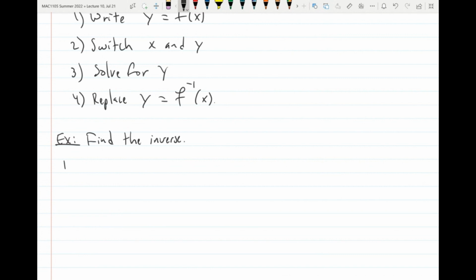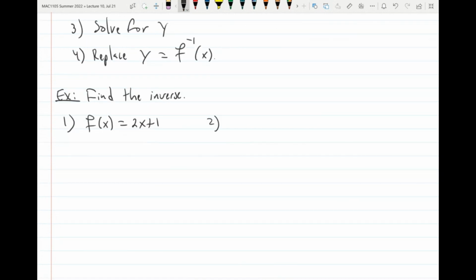Again, just like above. Let's do the one that we already know, just so you see this at work. And then I'm going to do this one. Let's do, I don't know, 2x plus 1 over x minus 5. And then you will do this one.